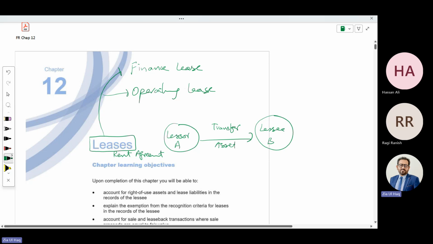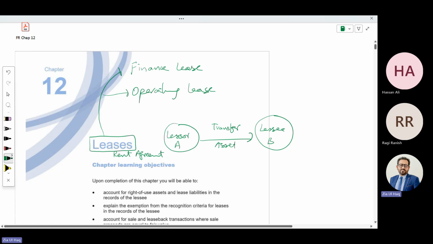Where a party, the lessor, has transferred his asset to B with the right of use. Who is having the right of the asset? Now B is having the right of the asset. And after a certain time, that asset will be completely in the ownership of the lessee. So that is called a lease.